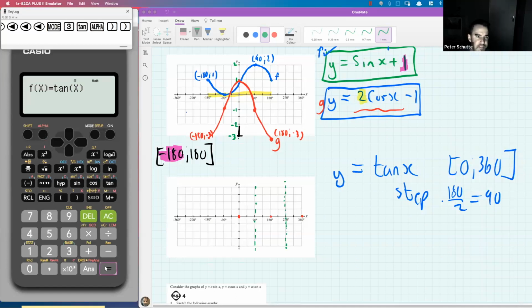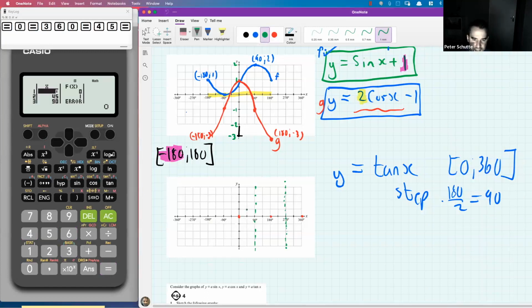But if I start at 0 and I find that I don't have enough points, I can change the step size to be smaller just so that I have more points. Now, you don't necessarily always need to do this, but it's nice to know that you can. So for example, 45 is 1, and 90 is still an error.